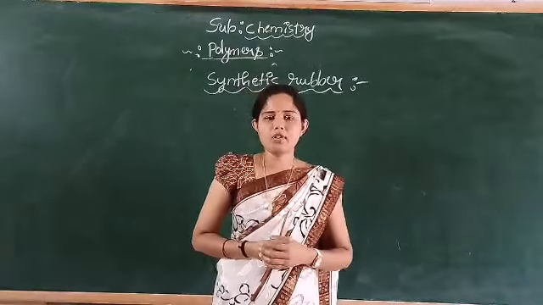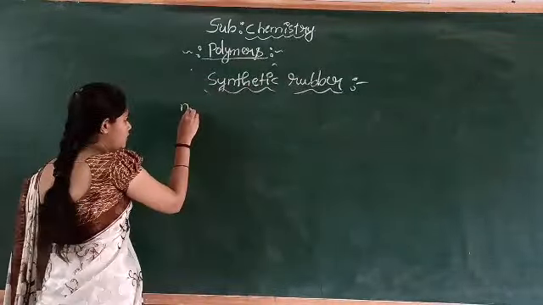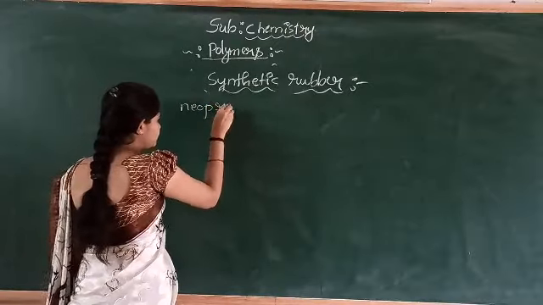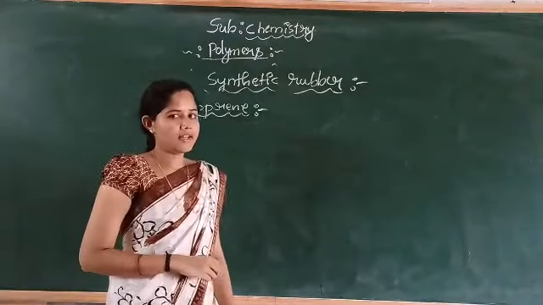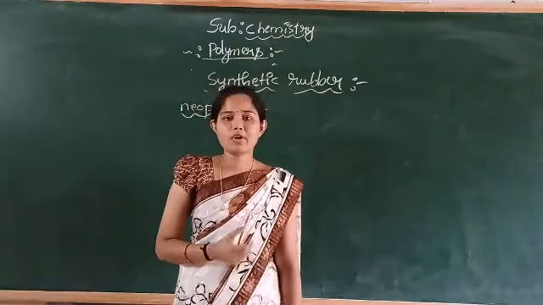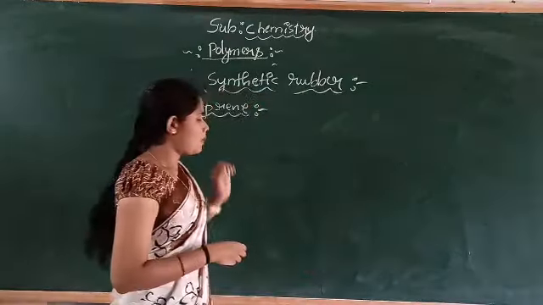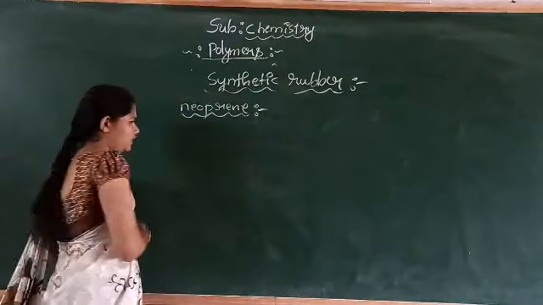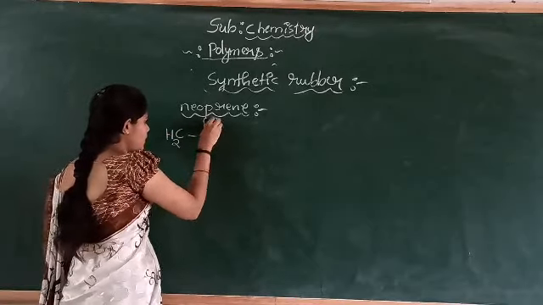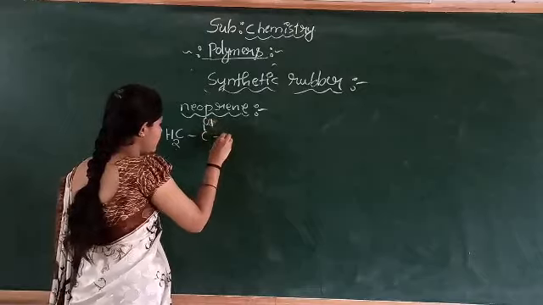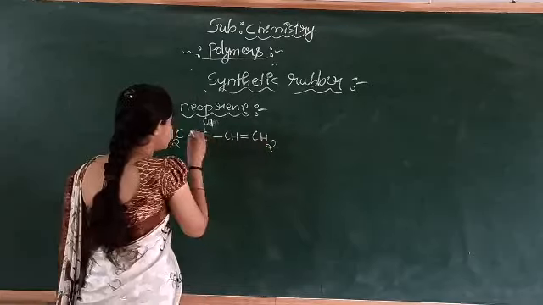Let us discuss the preparation and uses of these. First one is neoprene. Neoprene is a polymer of chloroprene. Chloroprene is nothing but a 1,3-butadiene derivative, that is CH2=C(Cl)-CH=CH2.